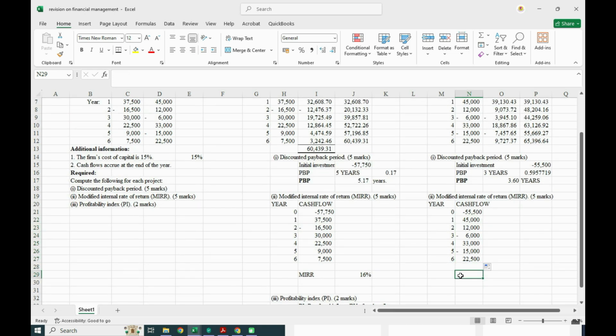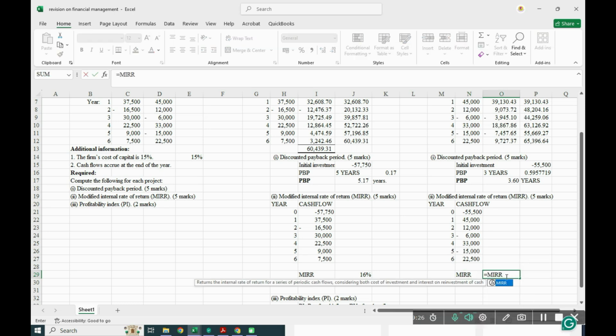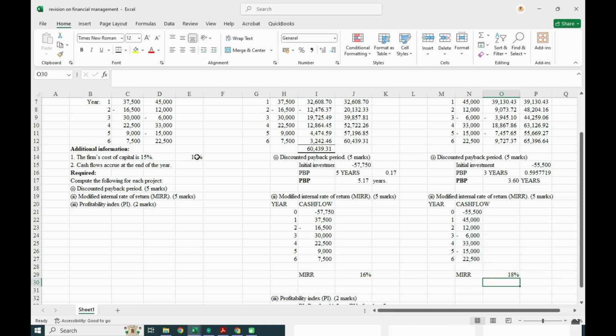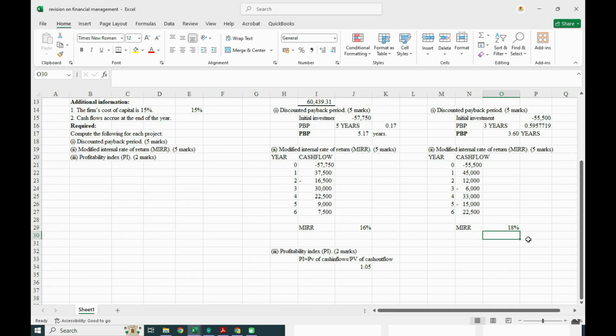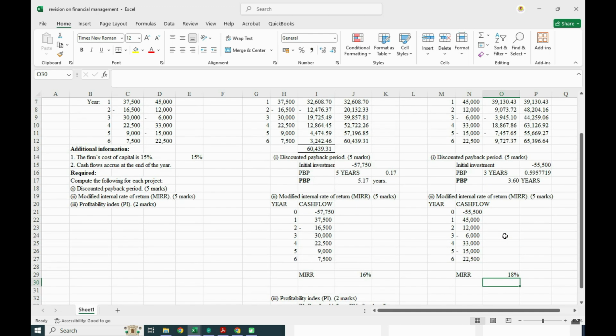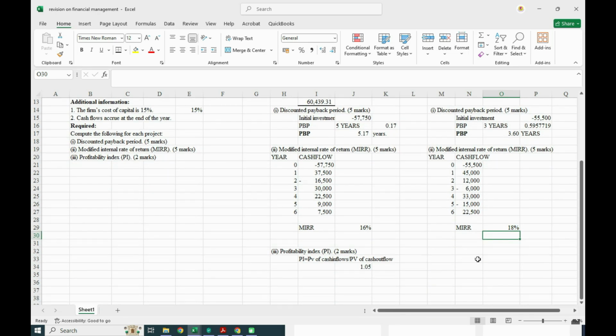So our MIRR, modified internal rate, will be our values, this one, we put a comma. We have said the finance rate and the investment rate are the same, and you'll find that this one has a modified rate of return of 18%, still making it better compared to the first one.